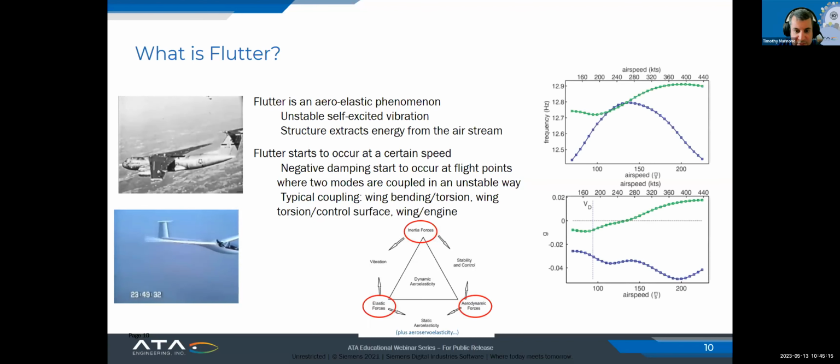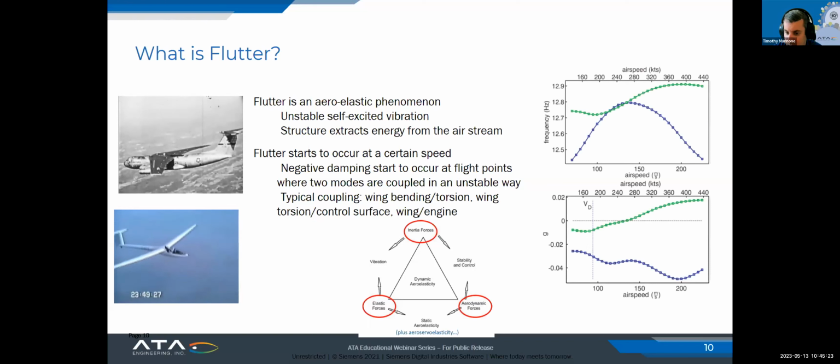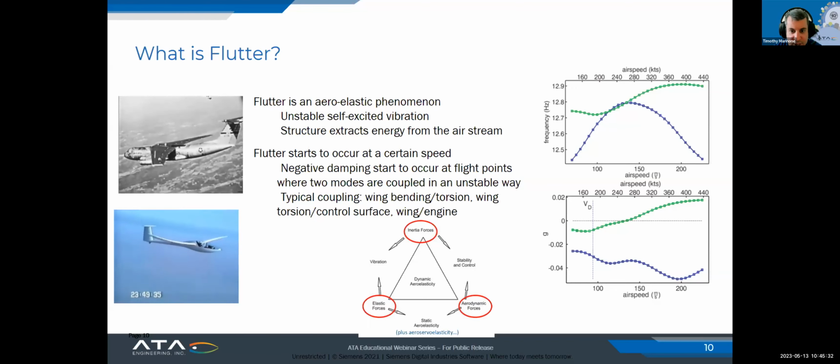And if a mode shifts in such a way that it couples with another mode unstably, then you're going to get negative damping. Especially if it's a surface coupling, such as a wing or a tail, and it's a bending or a torsion mode, then your flutter is going to really be a problem.